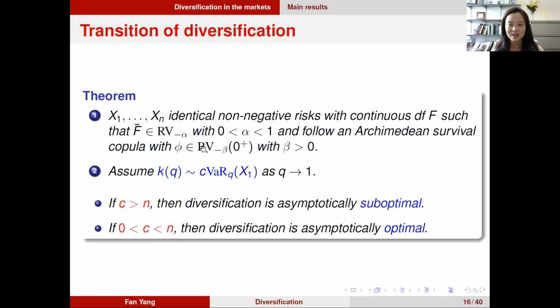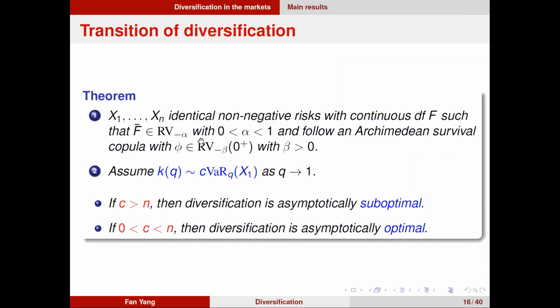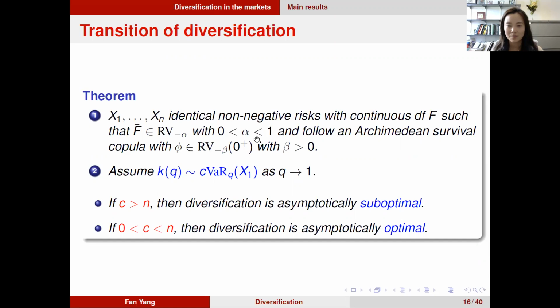Okay, so here I guess you already have seen this main result. Besides the modeling we just mentioned, we follow the Archimedean copula, and the phi is regularly varying.